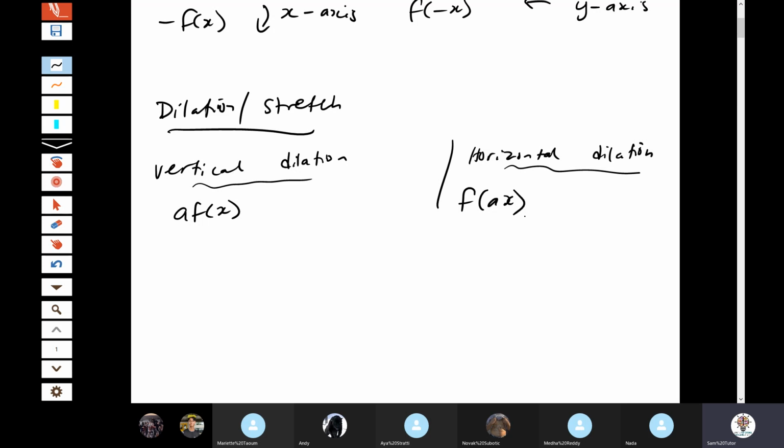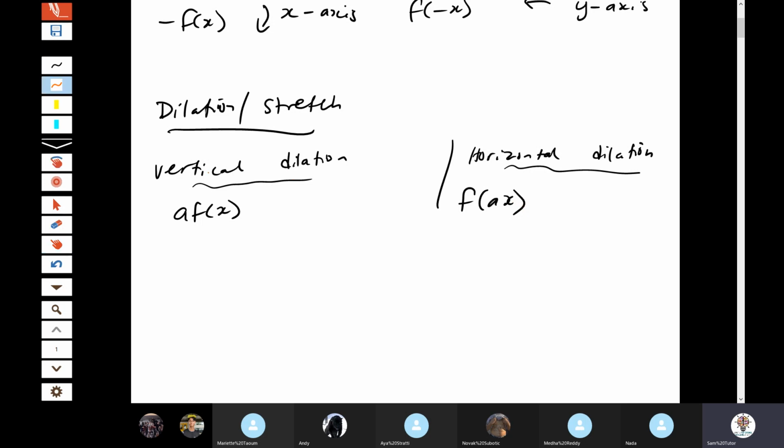It's stretching up and down. Horizontal dilation will be stretching left and right. Sounds good? And someone like me, I just go, well, that a is attached to the whole y value, whereas that a is only attached to the x value. So that's how I think of it.